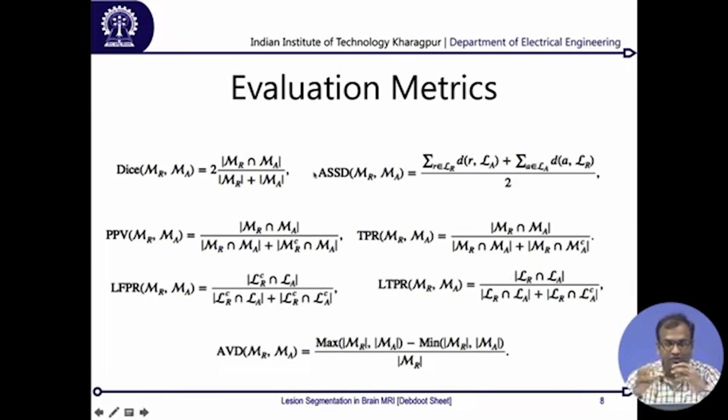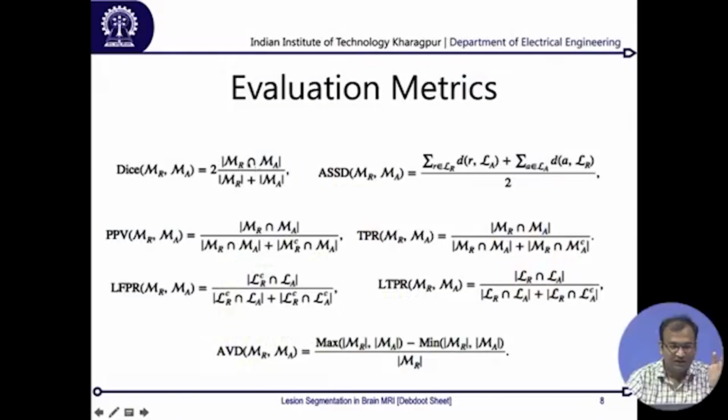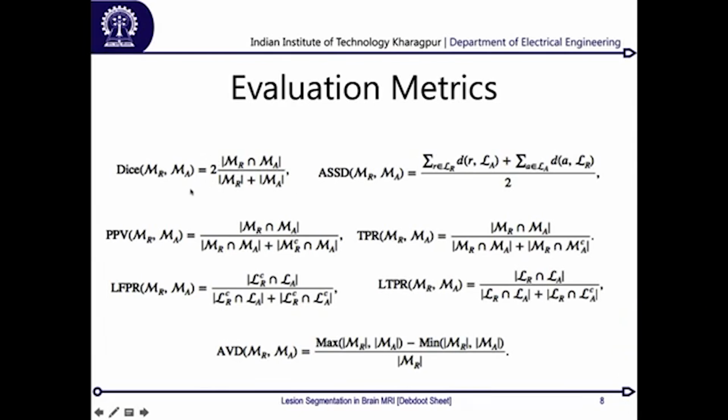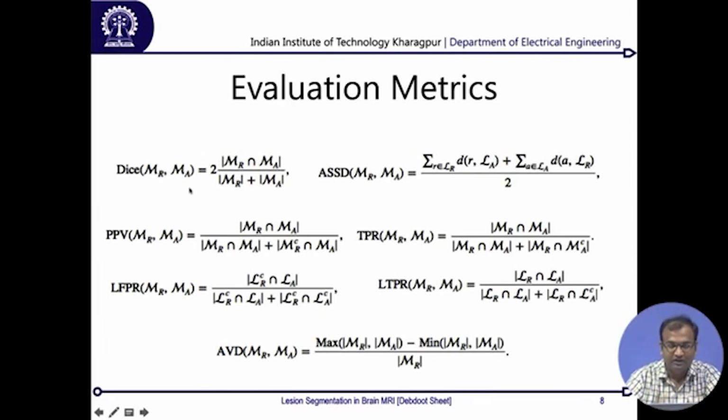Now you are going to count voxels exactly in volume space, and then this |MR ∩ MA|, where R is a rater and A is one of these algorithms which has given out the result. So you take an intersection of wherever in both of them the same voxel is marked, divided by the count of both the voxels, and there is a multiplier factor of 2, which is the standard for dice, in order to make it balanced in a 0 to 1 range scale.